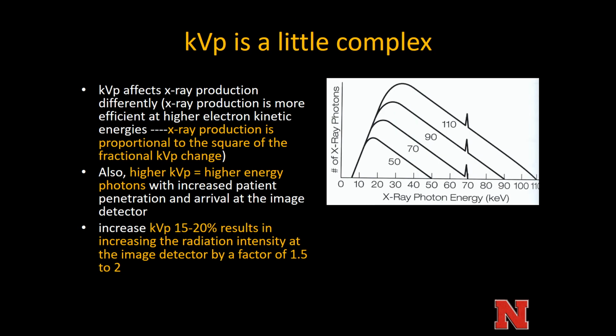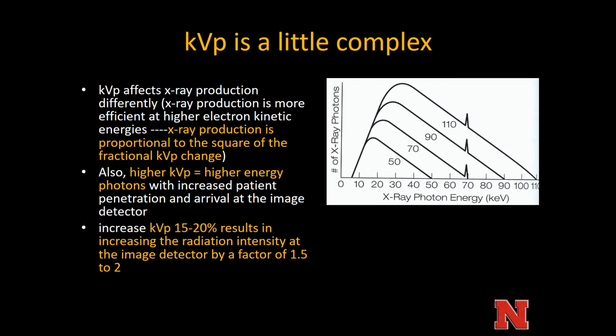The relationship of changing kVp to the X-rays produced and the X-ray spectra that's generated is complex. That's because kVp affects X-ray production differently than mA. X-ray production is much more efficient at higher electron kinetic energies, so the X-ray production is actually proportional to the square of the fractional kVp change.